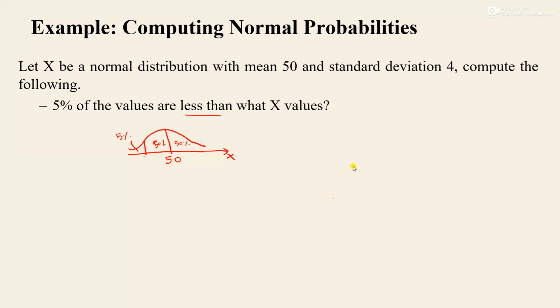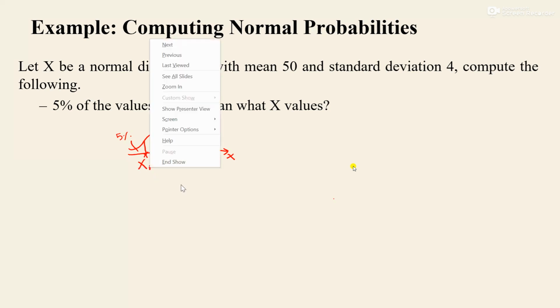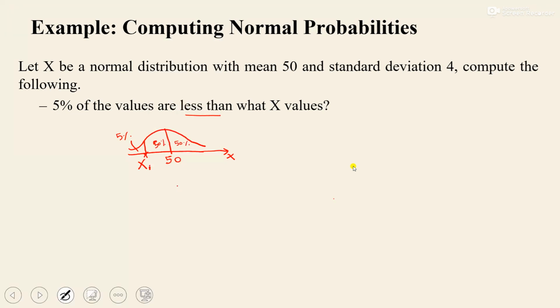Now this value, x A, where A is equal to 5%, that is 0.05. Now we have to get this value.